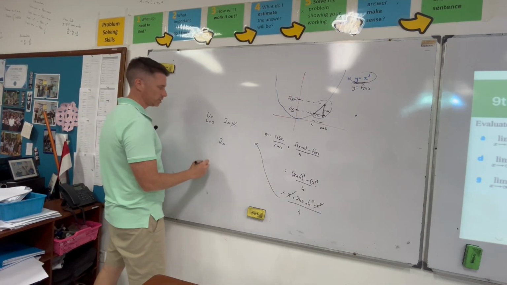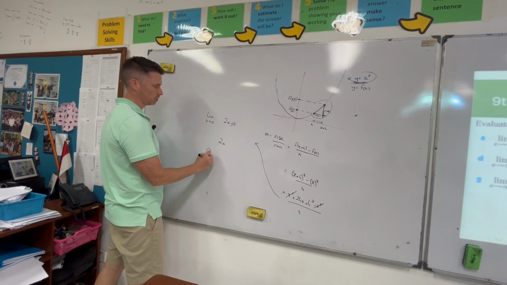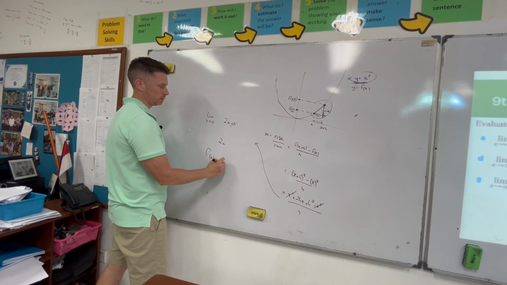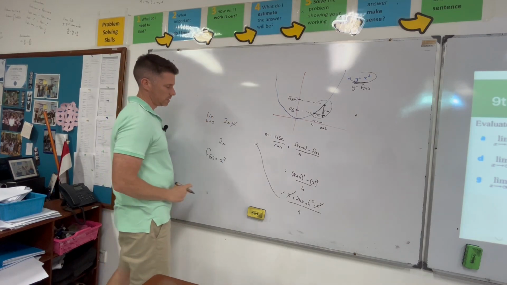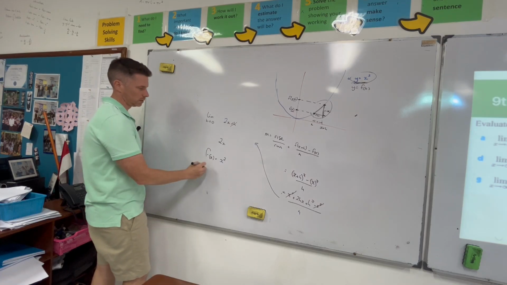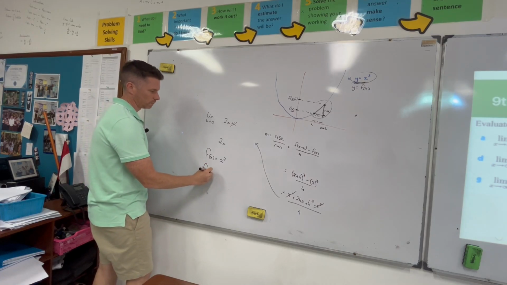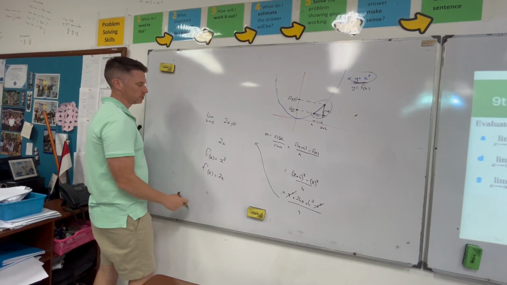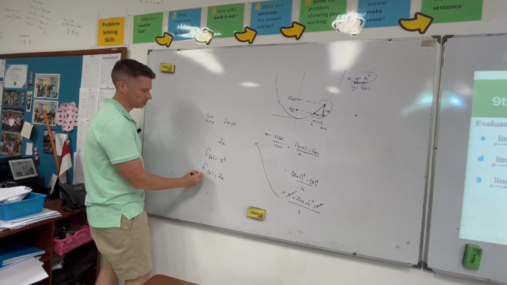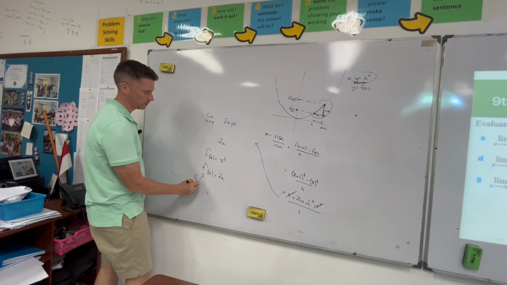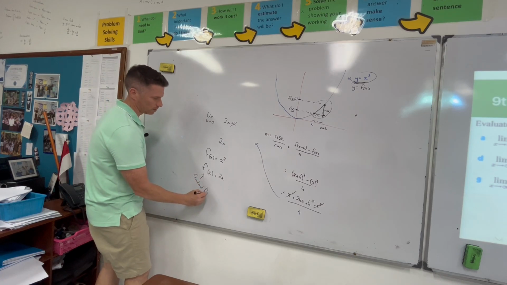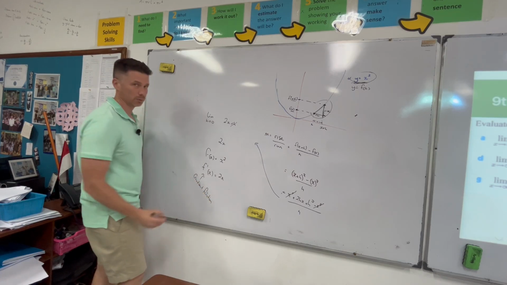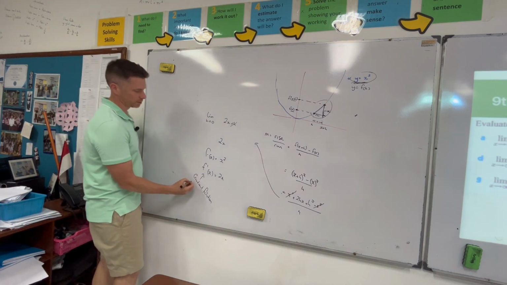Now some terminology here. If my original function was f(x), the gradient function is called 2x, or f dash x is 2x. This, terminology-wise, is the gradient function, but you'll probably hear it called more often the first derivative.